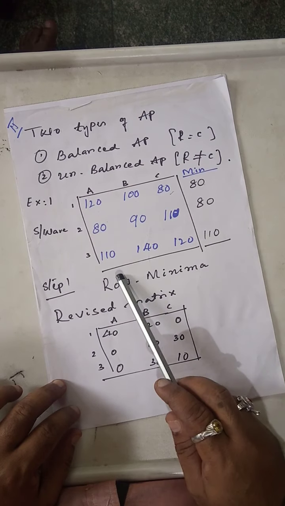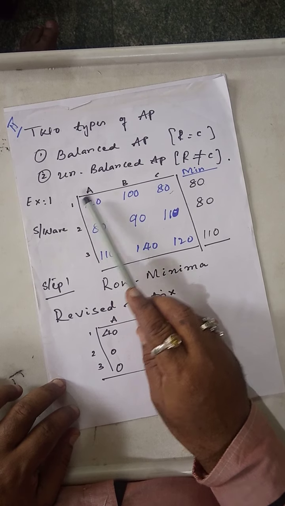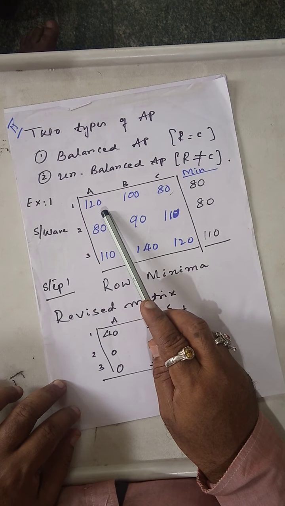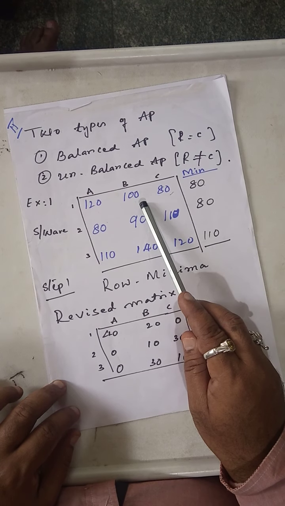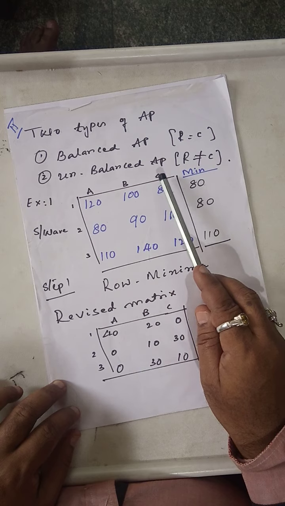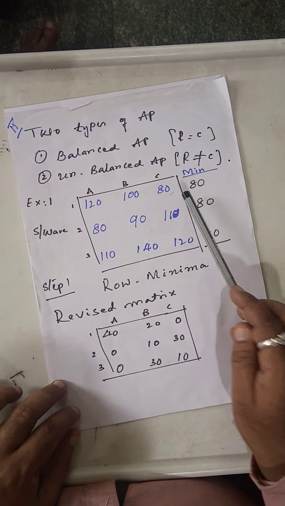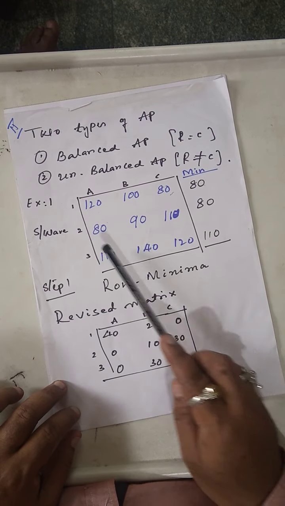This matrix represents the cost or the unit cost. Program 1, if it is allocated to A, is going to incur 120 rupees of cost, and if 1 is allocated to B, that is going to be 100. Now if 1 is allocated to C, that is going to be 80 rupees. Generally, it may be units or rupees; I consider this as rupees here.